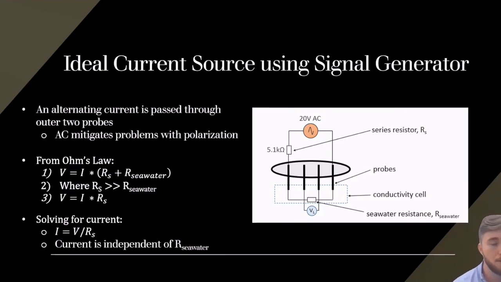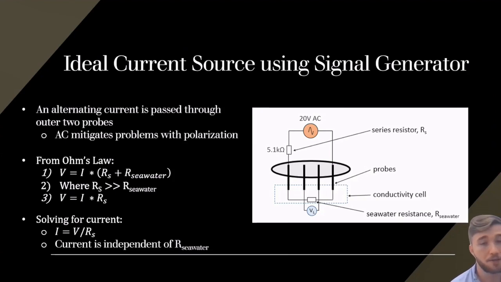In my application, I am using a signal generator, where the signal generator is outputting an alternating current. It's important to note that alternating current is not required for a 4-probe measurement. It is my application. The output of the signal generator in this case is 20 volts AC, where in series with this, leading out to the current probe, you have a roughly 5.1 kilo ohm resistor.